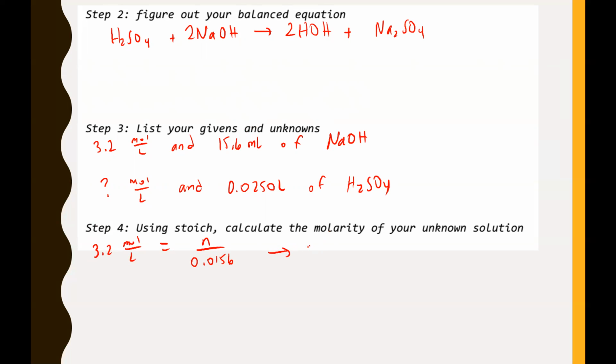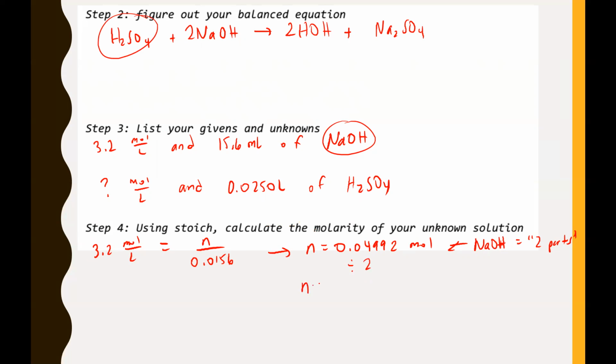So n equals 0.04992 moles, and that is of our NaOH, which I want you to note is 2 parts, Na and OH. We're interested in our H2SO4. Notice there's only 1 part of it, so we need to divide by 2. You're going to see that n equals 0.02496 moles, and that's of your H2SO4.